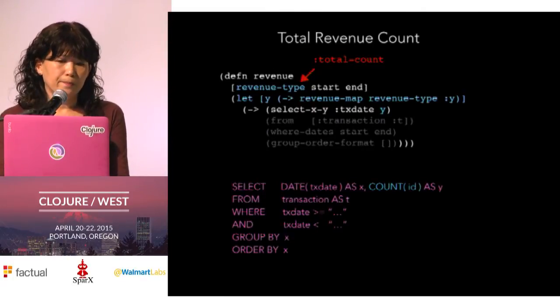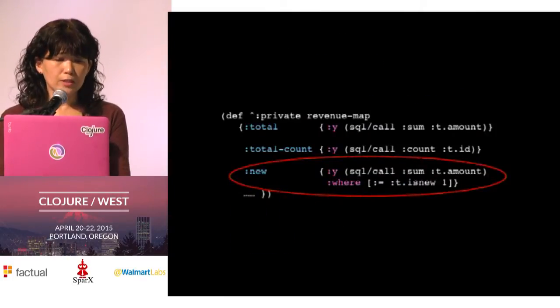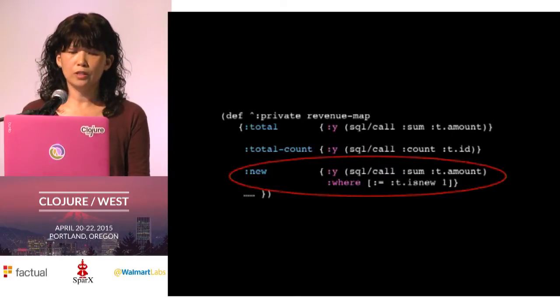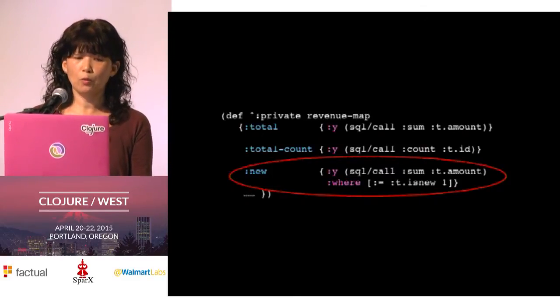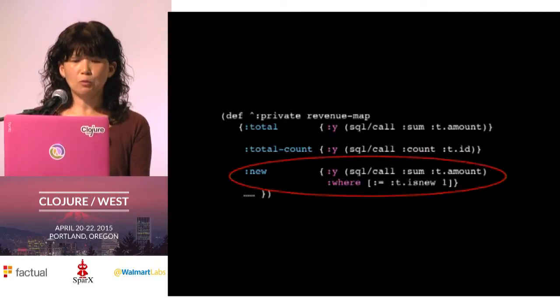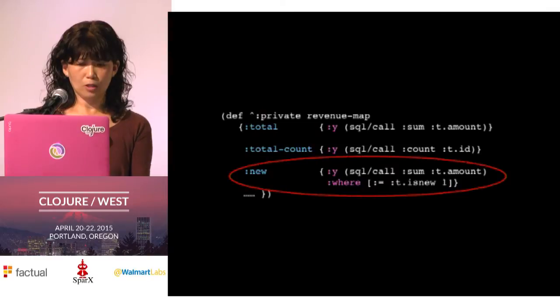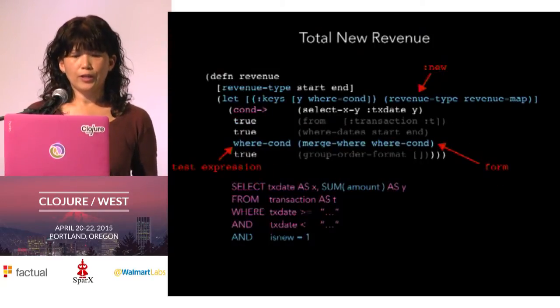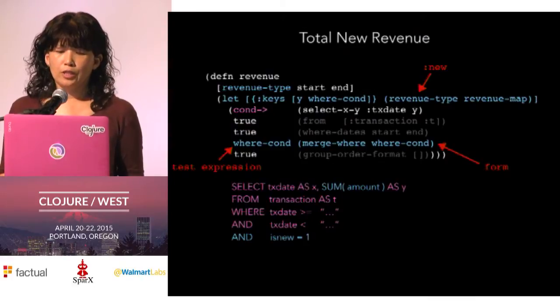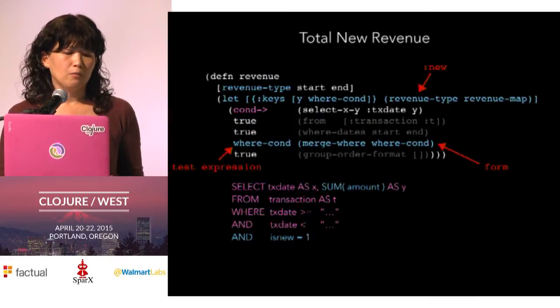Now let's create another query by adding a new keyword. The new keyword has a value that is a map of y and where keywords. The Y value is sum of amount, and the where value is new column equals 1. Going back to our revenue function again, the first thing to do is get the y and where condition from the revenue map given the revenue type.